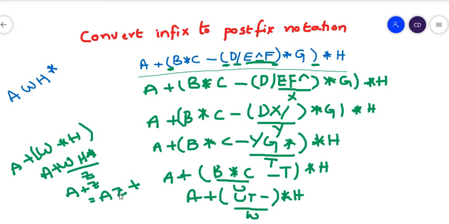Okay. Simply you can write at the place of H, that is star, and then you have an operator plus. See here you have this operator. And then you can replace W. So what do you mean by W here? UT minus. Right. So you can replace with that A UT minus H star and plus.